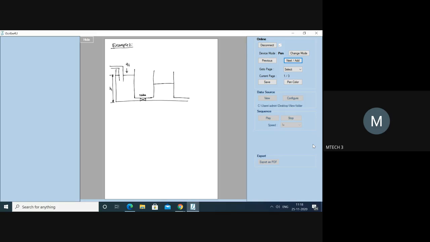The height differs now. This is H2. And there is one more valve here. Q2 is going through here. Q3 is this.